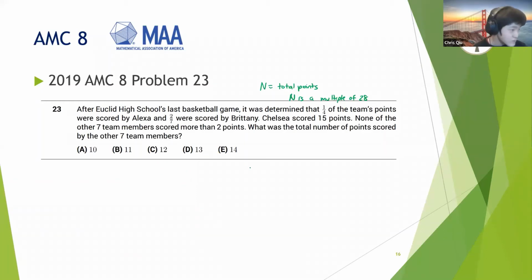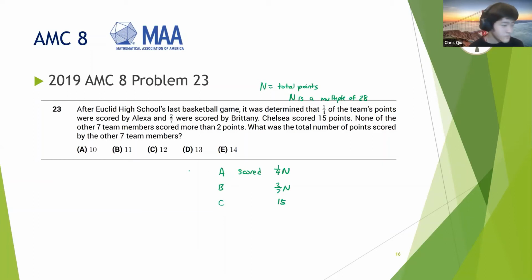Here's something that we can do. We can first notice that Alexa scored 1/4 n points. Brittany scored 2/7 n points. And Chelsea scored 15 points.